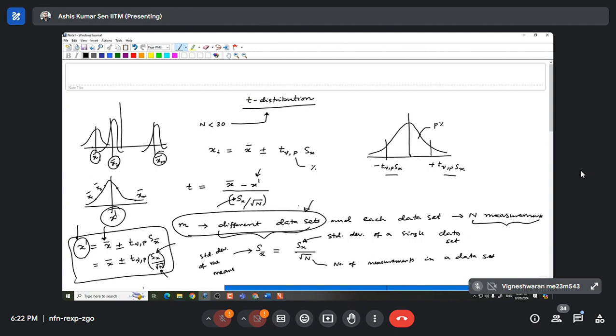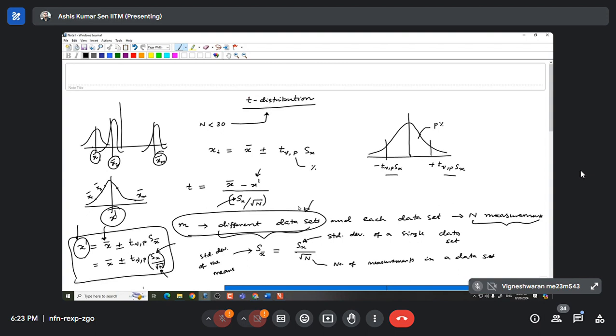You are interested in measuring the temperature of a surface, and on the first day one of you measured the temperature and got 20 data points. Next day, again you or somebody else measured, and you have some 15 data points. Then the next day again somebody else measures. So you basically have 3 different data sets, each having some 15, 20, 18 data points.